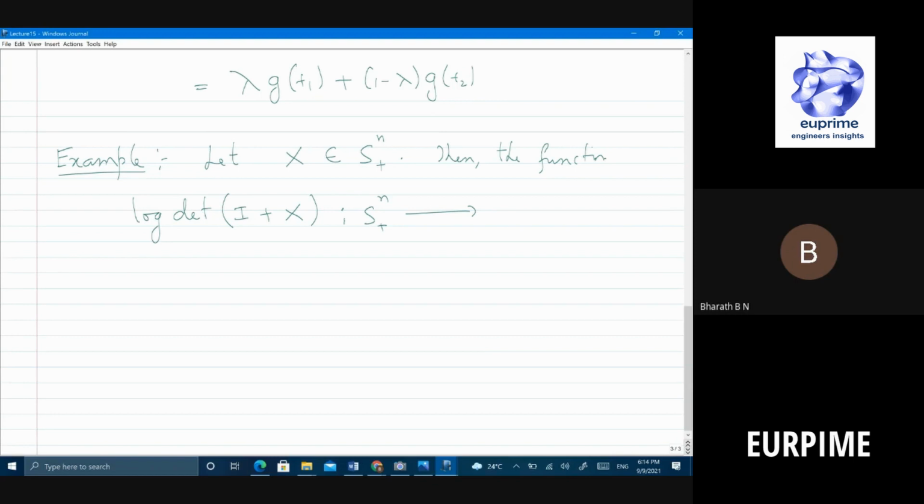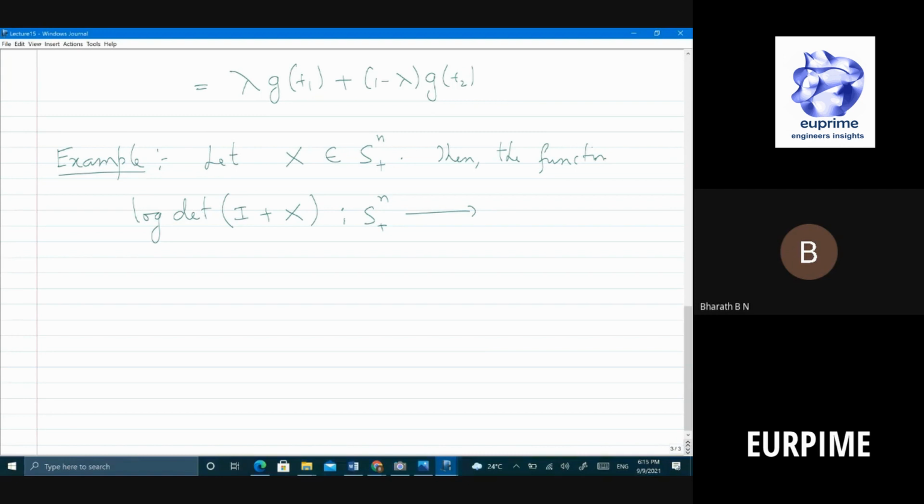See, x is positive semi-definite, so the eigenvalues are always non-negative. Can you get a fractional value? Not really. If x has an eigenvalue lambda, what will be the eigenvalue of I plus x? One of the eigenvalues will be 1 plus lambda, so it will always be at least 1 because lambda is non-negative.